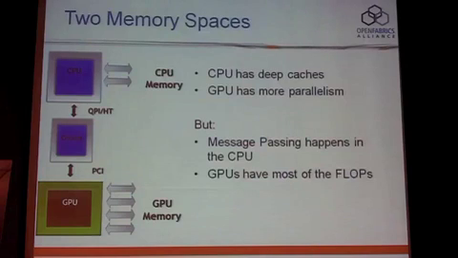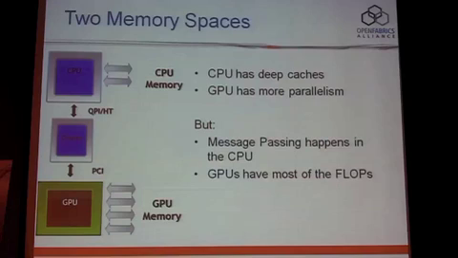The disadvantage when it comes to things like what you guys do in Open Fabrics is that you have two memory spaces. The CPU has its own memory with deep caches. The GPU has its own memory that's more parallel to keep its larger number of cores fed. The problem is that the message passing is all happening on the CPU side, but the majority of the flops, the majority of the processing power in those nodes comes off the GPUs.